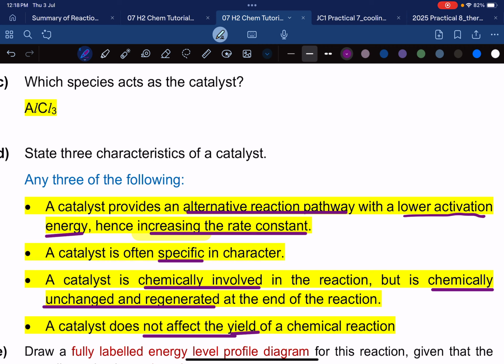With the use of a catalyst, we will still have 60% converted to the products. So in terms of yield, it is still 60%. But what is different is that I get the 60% yield of my product within a shorter period of time, because the rate of reaction is increased, but the yield remains unchanged.